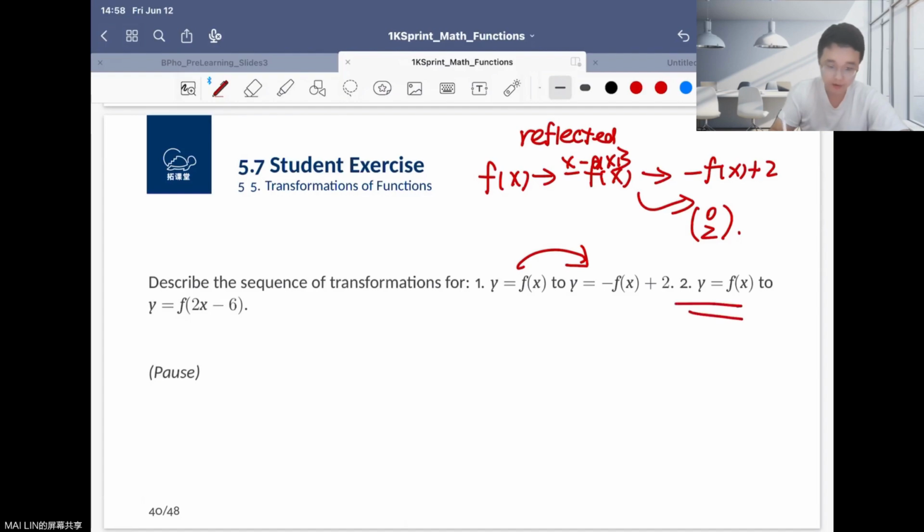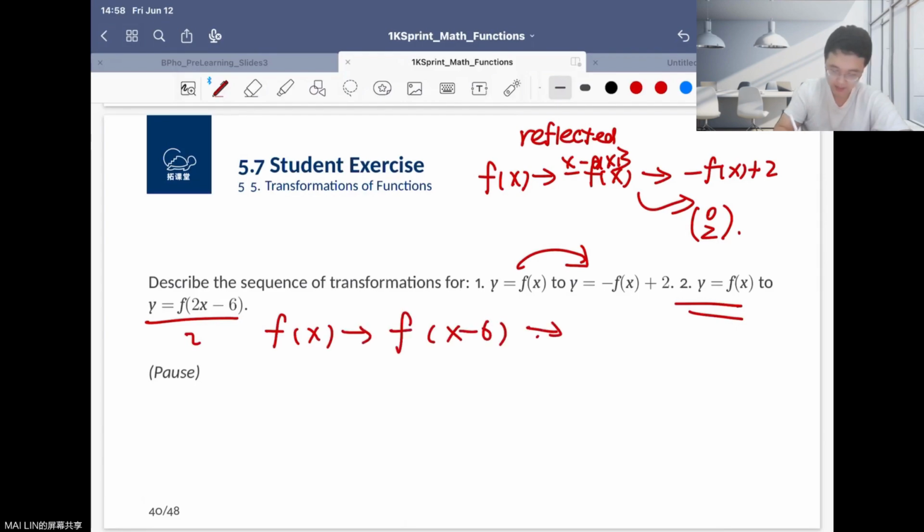And here, another one is y equals f(x) to y equals f(2x minus 6), okay? So here, first f(x) turns into f(x minus 6), and then turns into f(2x minus 6), right? So for f(x) turning into f(x minus 6), it means moving right for 6 units, right?